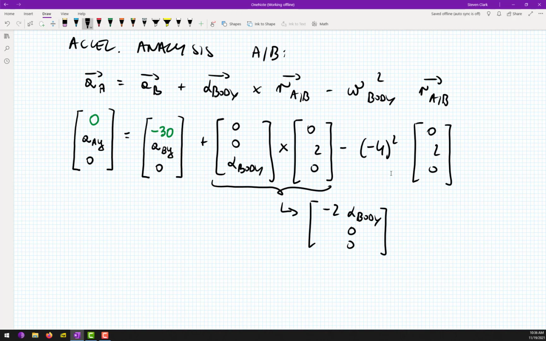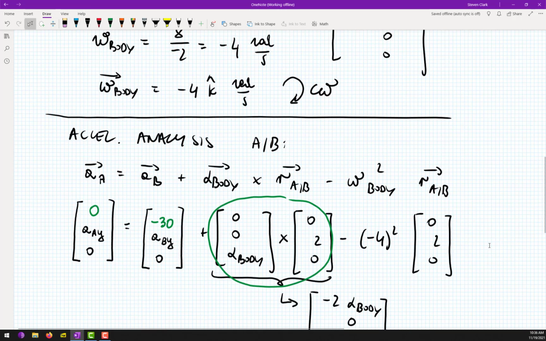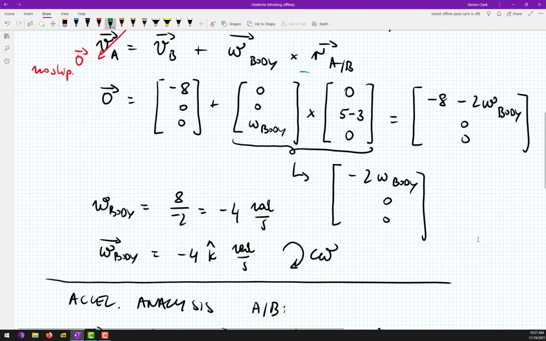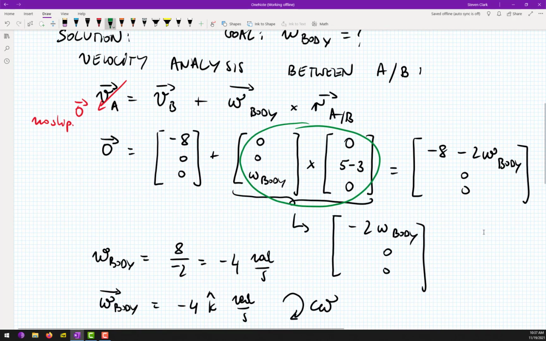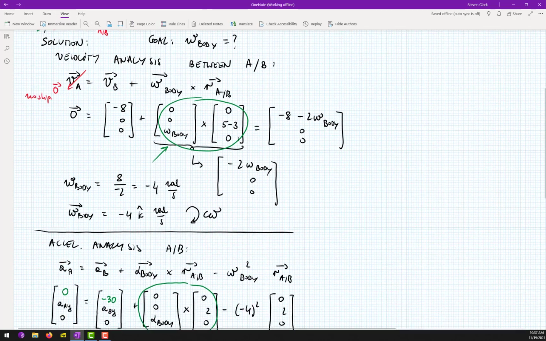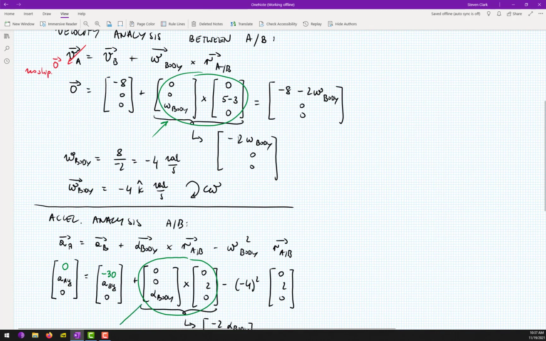Just a digression for the exam. I don't know what will be on the exam, but this determinant is exactly the same as this determinant. These two vectors are exactly the same as these two vectors. But in here we have omega, and in here we have alpha.